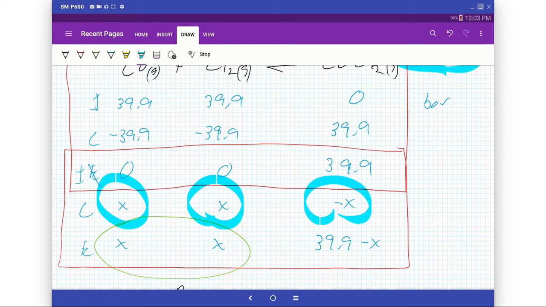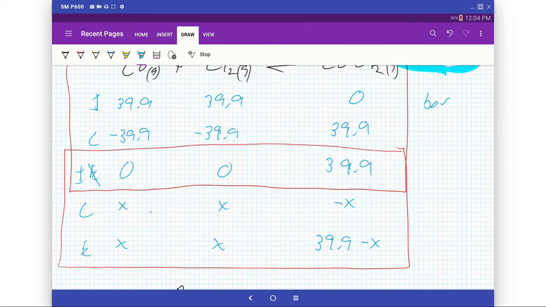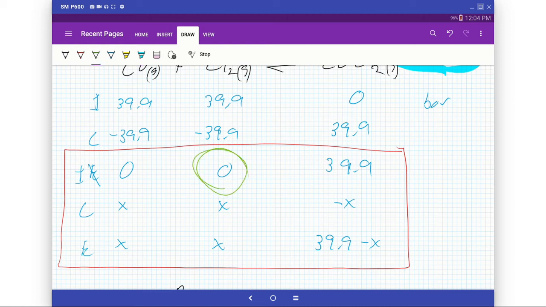So then why is it negative x? Because if I look at what we've got here, I have 0 for the reactant. So the reaction is going to need to proceed in this direction a little bit, right? So it means we're going to lose x on the product side and gain x on the reactant side.